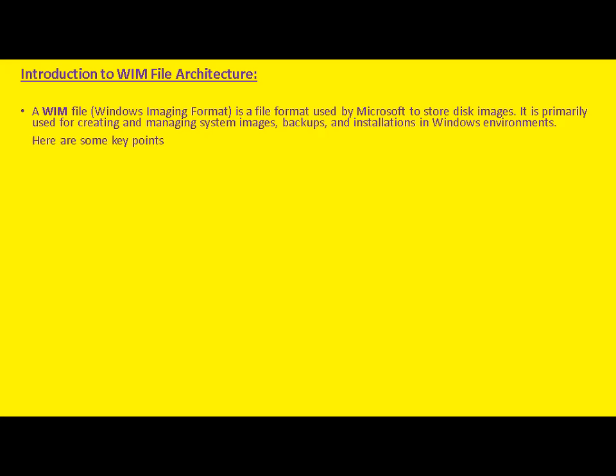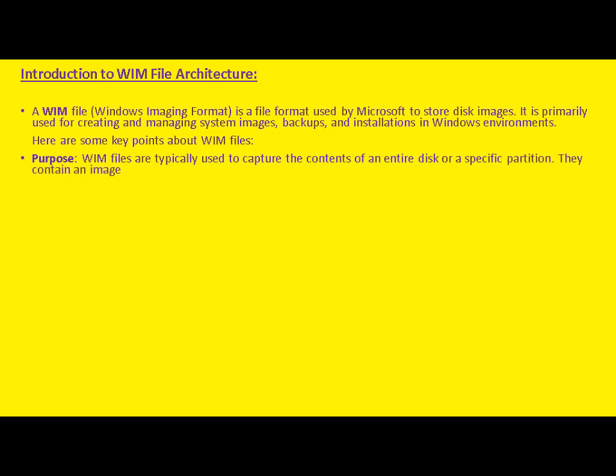So here are some of the key points about WIM files. The purpose: WIM files are typically used to capture the content of an entire disk or a specific partition. So they contain an image of the system, including the operating system, installed programs, files, settings, and more.